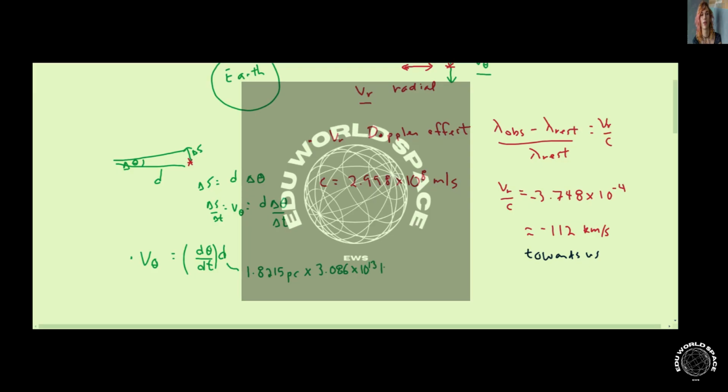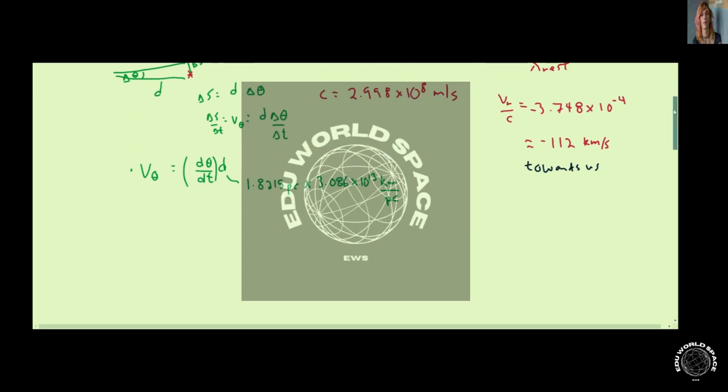A lot of kilometers in a parsec, but that is a well-known conversion factor. So the distance, if we convert it, and we're going to have to convert some other things to get this into the proper units.